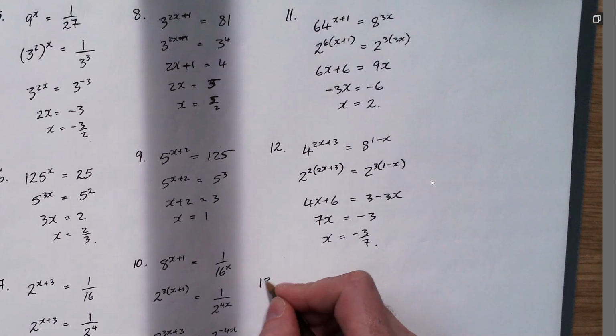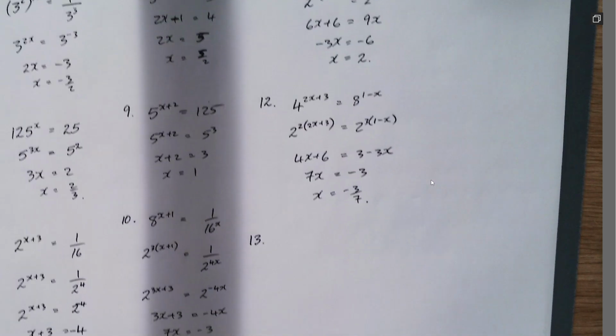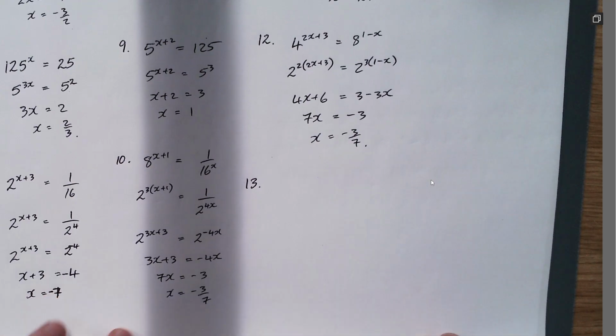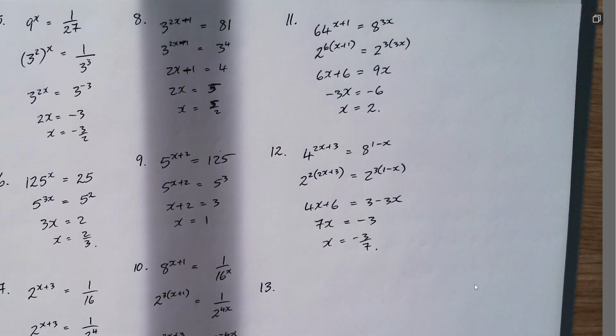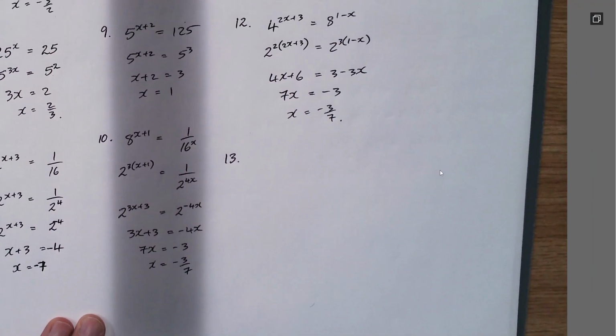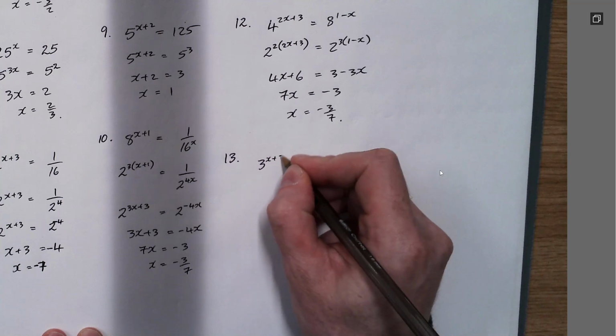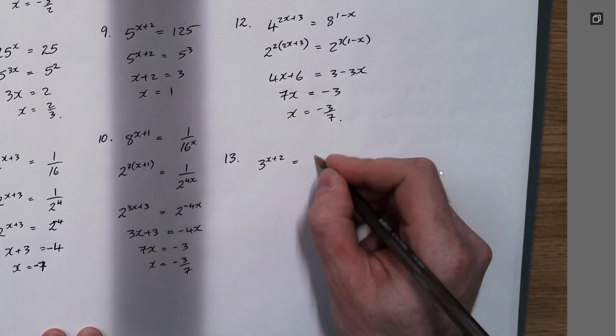Now, and then you go to swim the square root across, because the square root, okay? So 3 to the power of x plus 2 equals the square root.